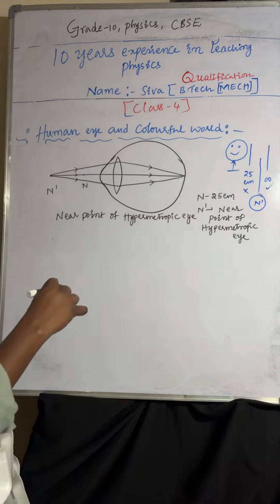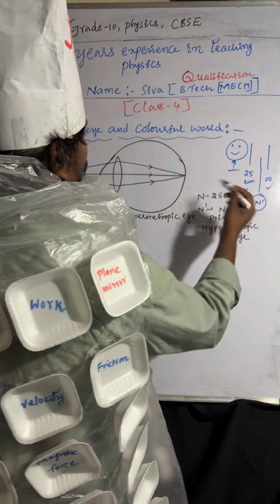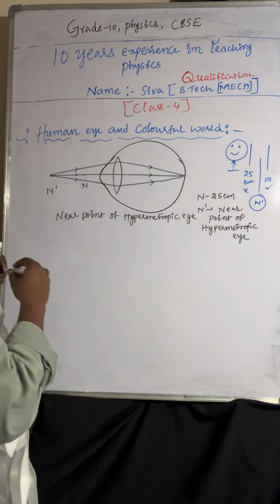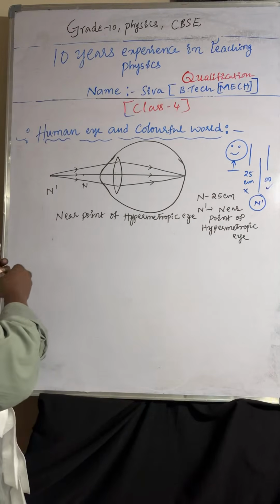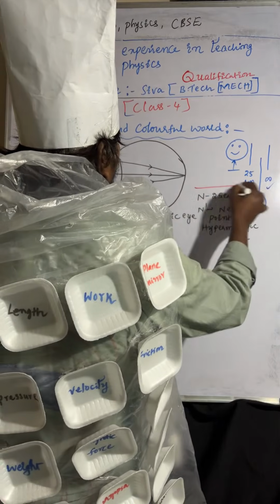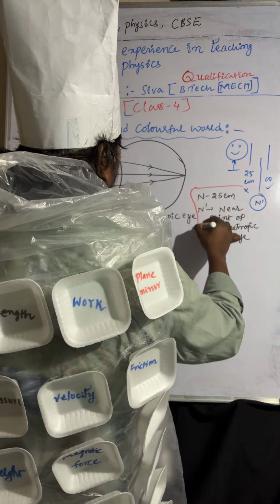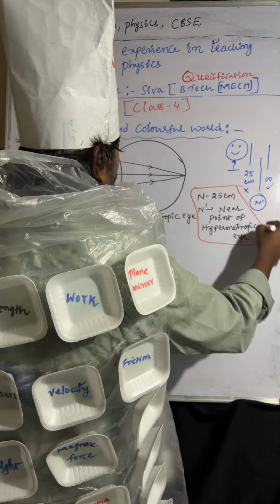Now if the light rays are coming from 25, we'll see where those light rays will meet.